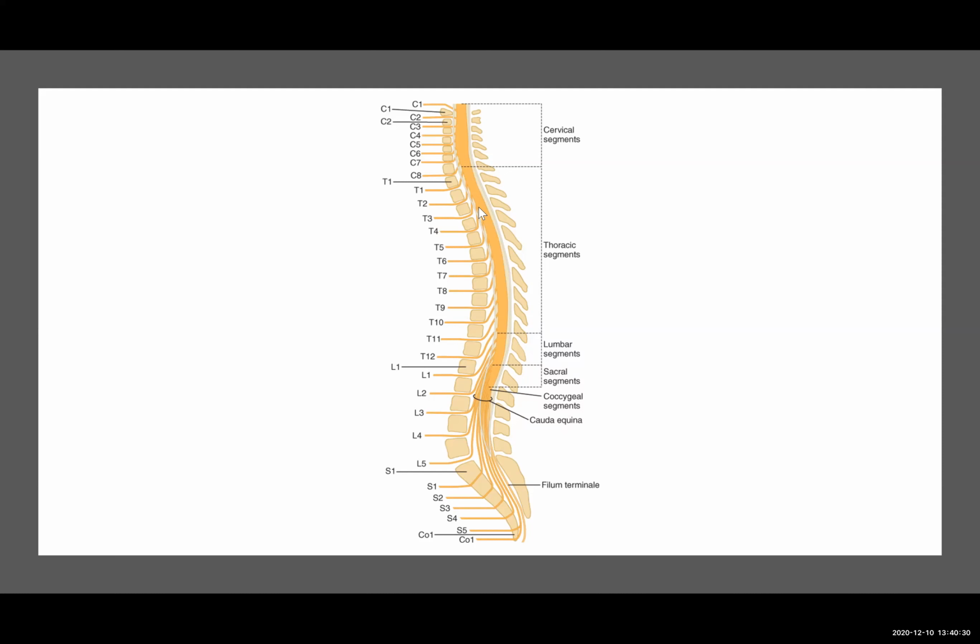You have a lot of nerves coming off here. That's referred to as the horse's tail or cauda equina. Keep that in mind because we're going to be talking about that in the syndromes later on. The other thing you need to remember is that it's much thicker up here than it is down here. It is much more unstable up here than it is through the thoracic area. Why?